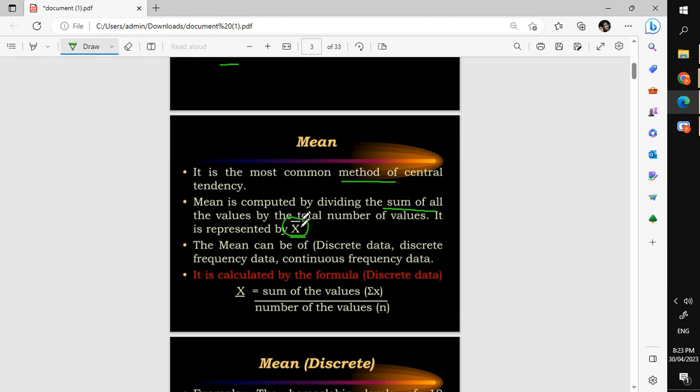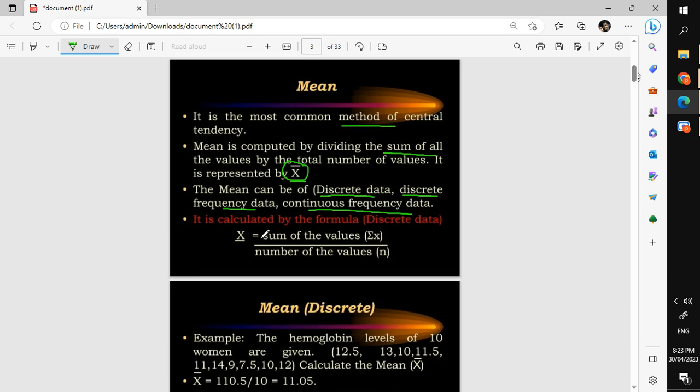We have three actually. The computation of the mean will differ if it is from a discrete data, a discrete frequency data, or a continuous frequency data. But they are actually using the same formula. x bar is equal to the sum of all the values of x, or the summation of x.